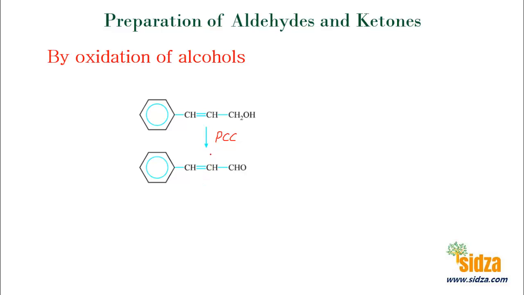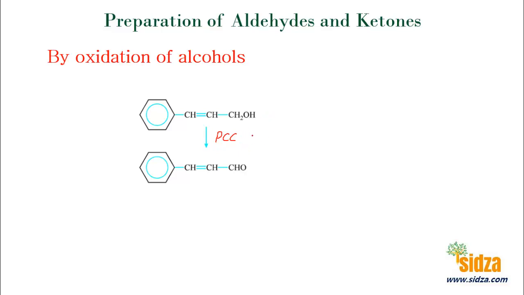However, if you use a strong oxidizing agent, then you will get altogether different products. So normally, if you want to oxidize alcohols into aldehydes or ketones, the best choice is using mild oxidizing agents. We know there are some strong oxidizing agents also, like KMnO4 and potassium dichromate, but they have a limitation.